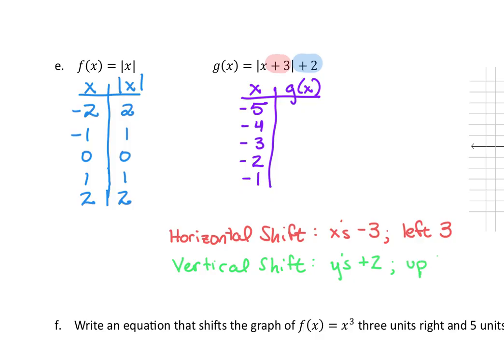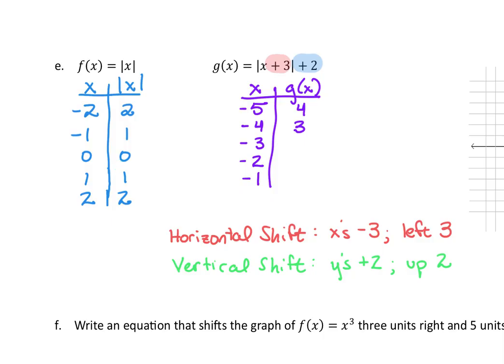Visually, we are going to go up 2. And so when we do this, we're just going to take the y values in our table and add 2. So we get 2 plus 2 is 4. 1 plus 2 is 3.